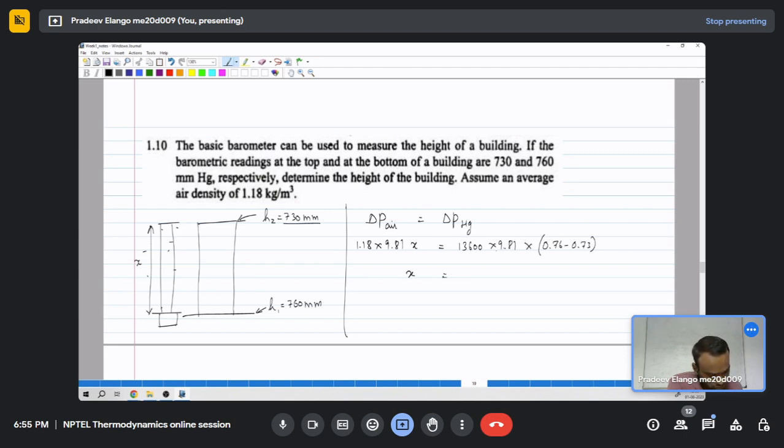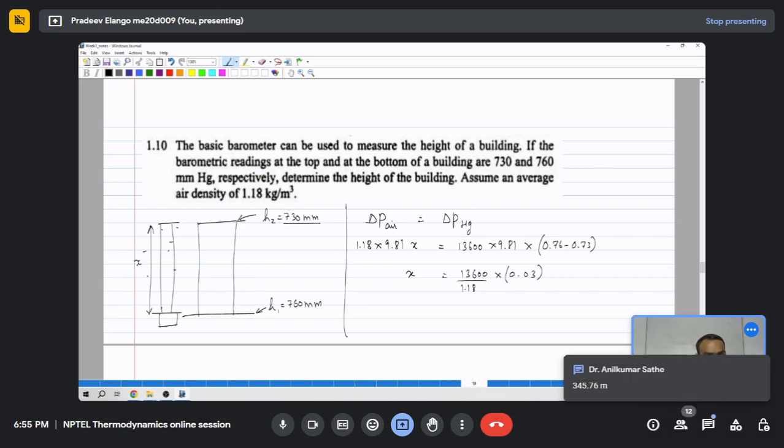You can strike out the acceleration due to gravity. Then we have 13,600 by 1.18 into 0.03, and that is 345.7.